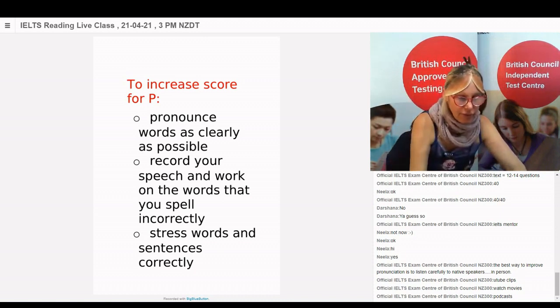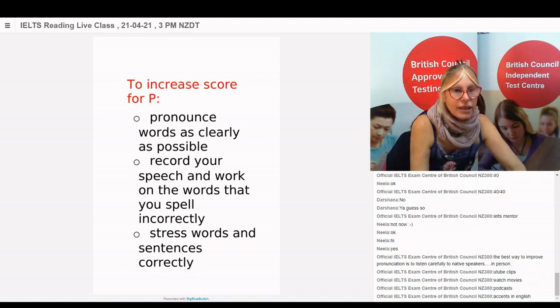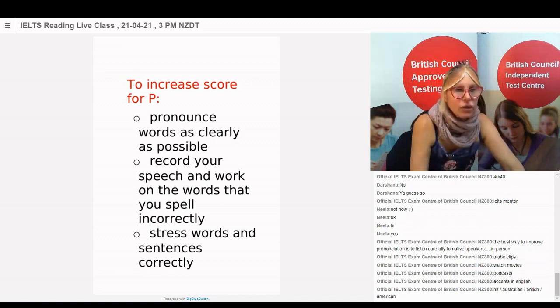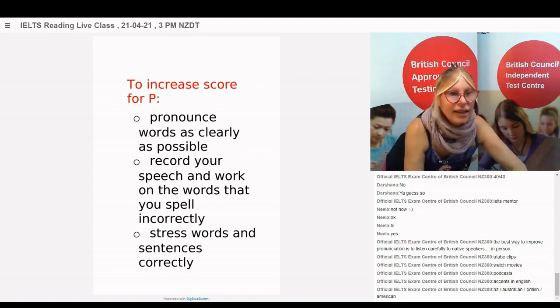Just remember that there are different accents in English, just like there would be in any other language. You have New Zealand, Australian, British, and even in Britain there are lots of different types of accents. Then you have American, and America also has lots of different accents.